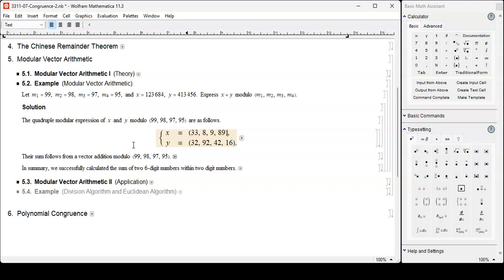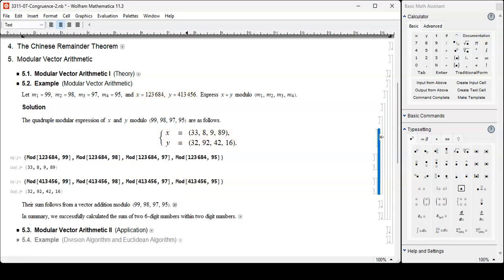Those are all remainders. 123,684 divided by 99 and remainder 33. This x divided by 98, then remainder 8. This x divided by 97, I don't care about the quotient, the remainder is 9. So this one, mod 95 and remainder 89. And likewise, you can get the remainders for this y with respect to 99, 98, 97, 95 with these remainders. Cumbersome computation, so I just use Mathematica for that.